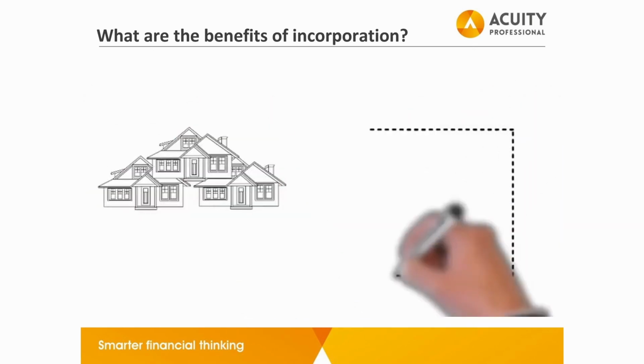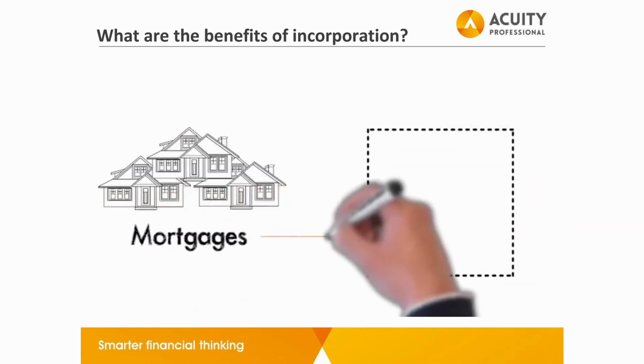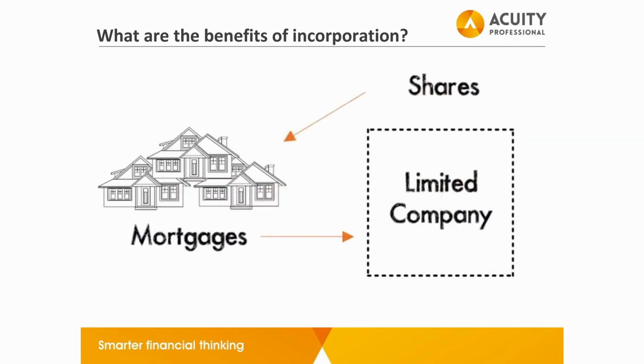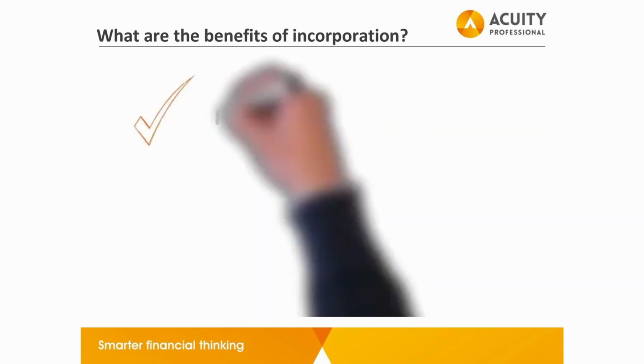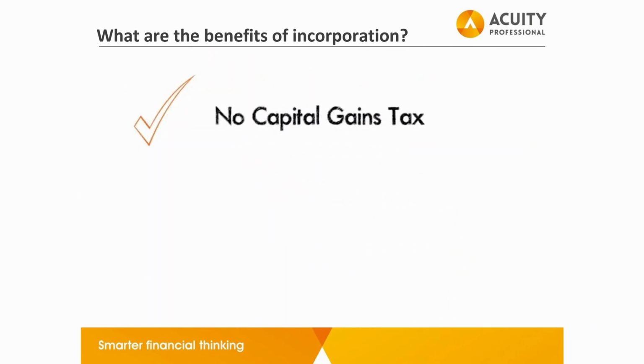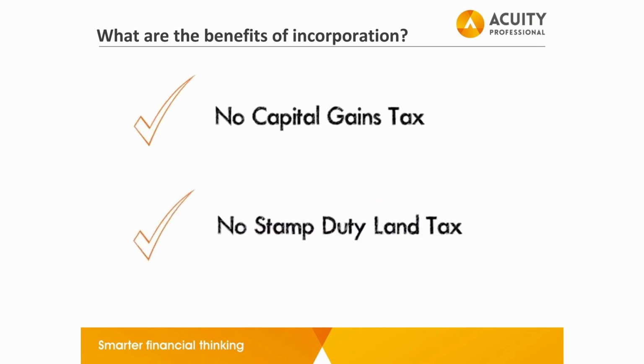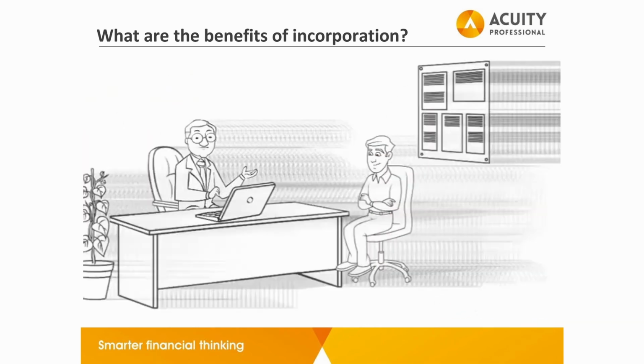How can we do this? The property business, including the property portfolio and mortgages, are transferred to the limited company in exchange for shares. This means you don't have to pay CGT until the shares in the company are sold, and you don't have to pay SDLT. How can we help you through this process?